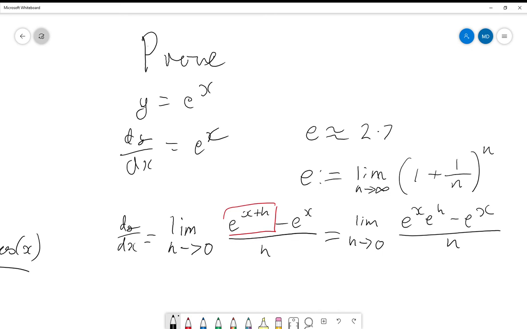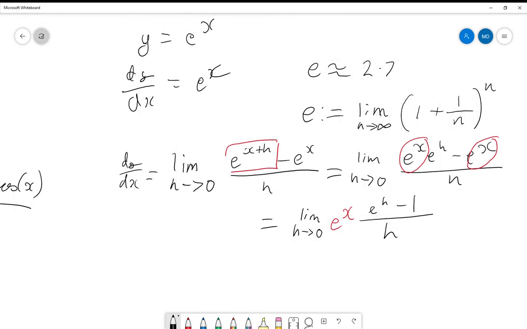Hopefully we can see exactly as last time, we've got e to the x here and e to the x here, we can factor those out and we're left with the limit as h tends to 0 of e to the x times (e to the h minus 1) all over h. Then factor that out of the limit entirely, and we get that it is equal to e to the x multiplied by the limit as h tends to 0 of (e to the h minus 1) all over h.